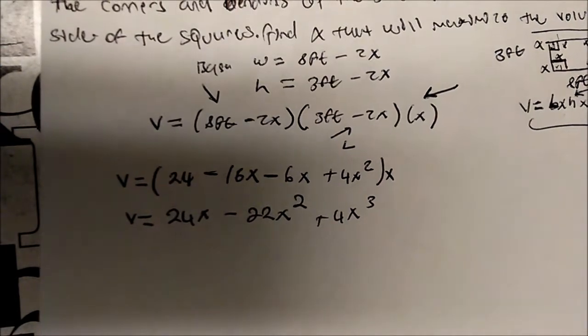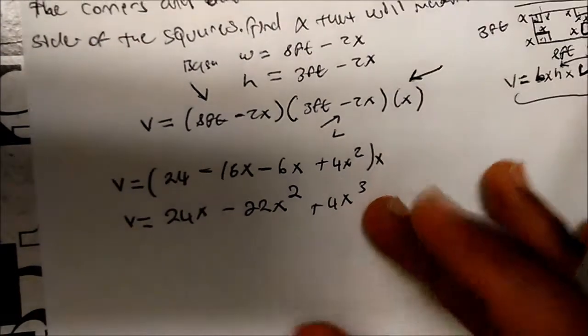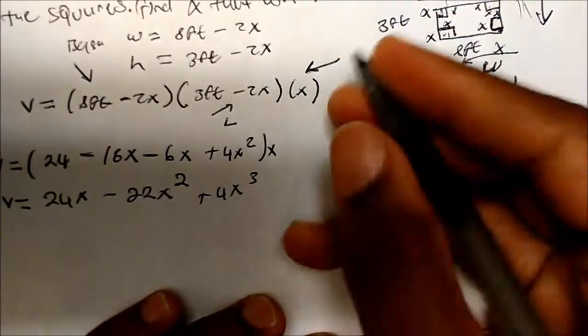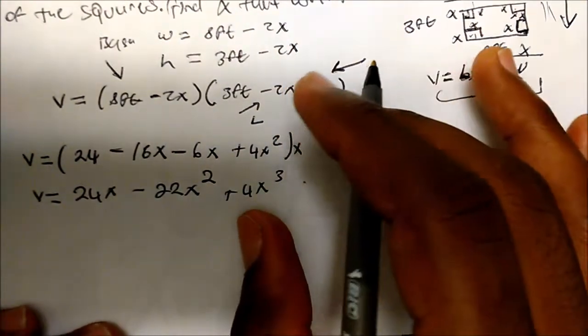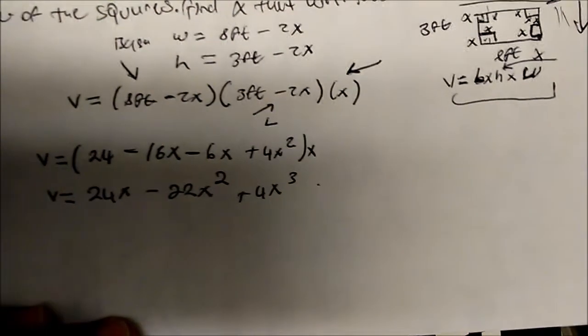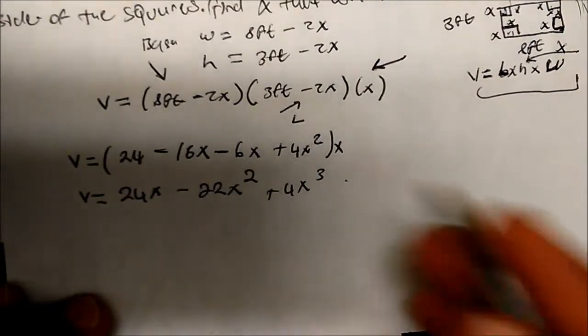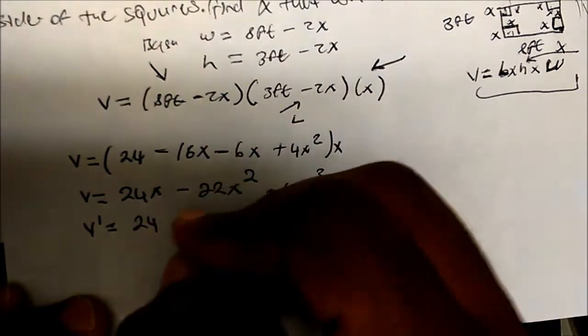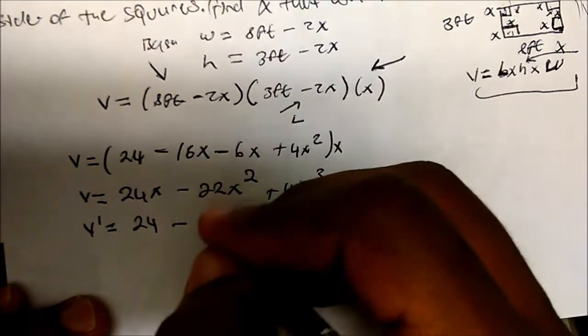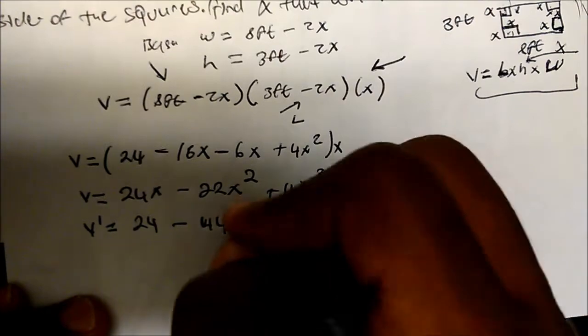All right. So now with that being said, I could go ahead and take my derivative. I'm going to rewrite this the other way because I know I'm going to have to solve. But let's take my derivative first. Right. So now that I have everything simplified, I could go ahead and take my derivative. So V prime will just be 24 minus, well, 2 times 22 is just 44x.